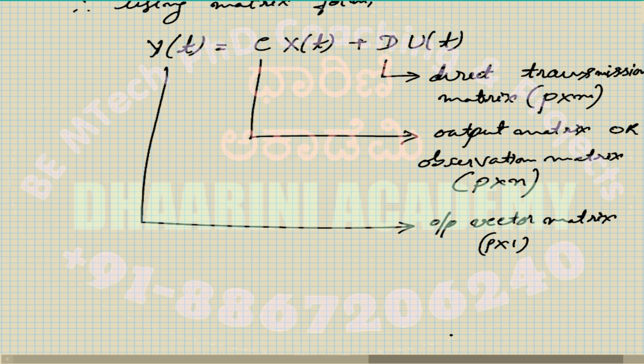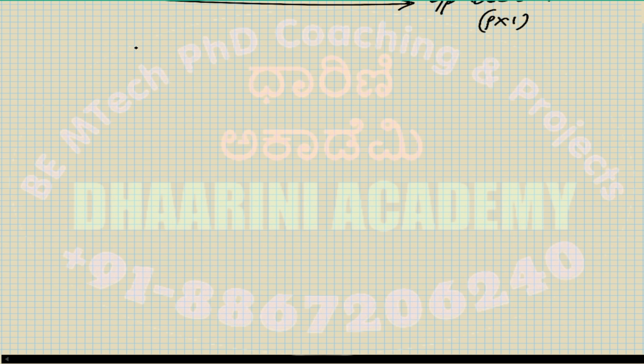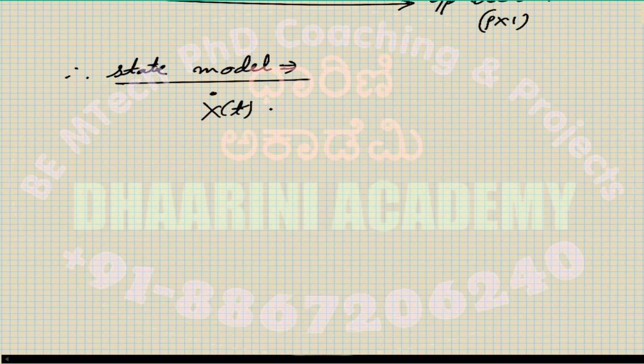Okay, now therefore the two equations which we are supposed to consider when a state model, right, is as follows. When we say a state model has to be formed for a given system, we need to simply represent the given system in the following format. Write x dot of t is equal to A into x of t plus B into u of t.